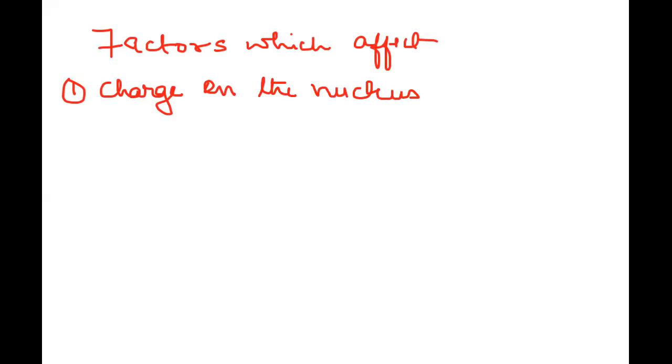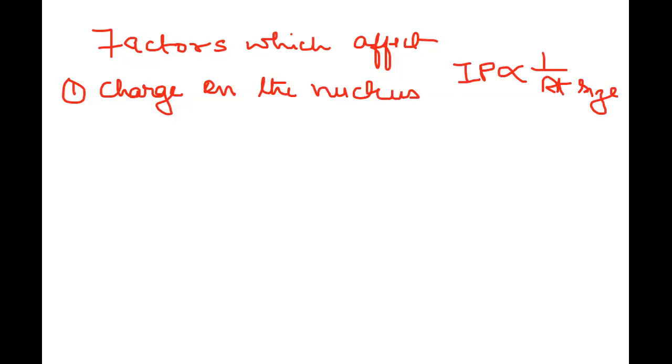One thing you have to understand is that ionization potential is inversely related to atomic size. Another mathematical way of showing this: let me write it as IP, the ionization potential values, are inversely related to the atomic size. So if the atomic size is decreasing, the ionization potential values will increase.